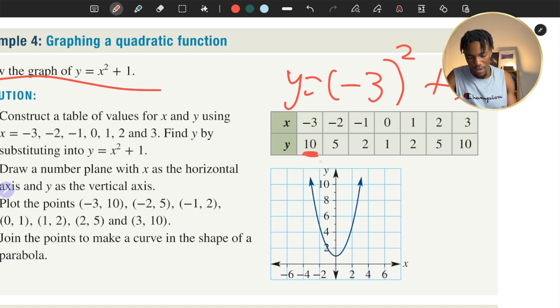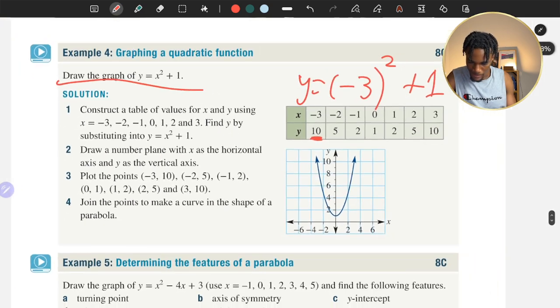This is 10, and then so forth for the rest of these. It's important as well to make sure you put this in brackets. If you don't, you can get a different answer because it's going to think this minus is separate. So make sure you put this in brackets. Okay, that's fine.